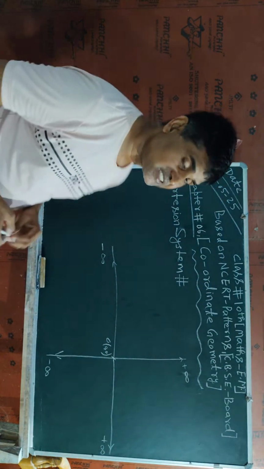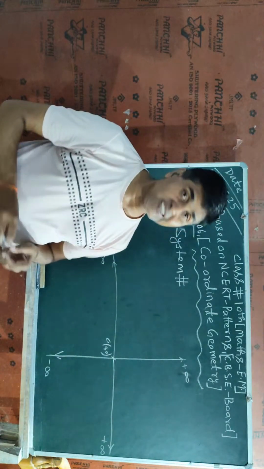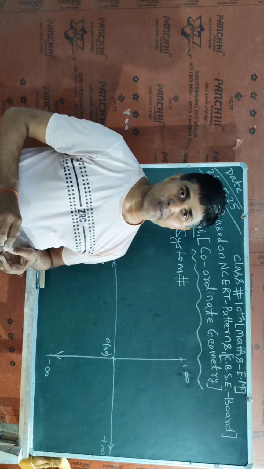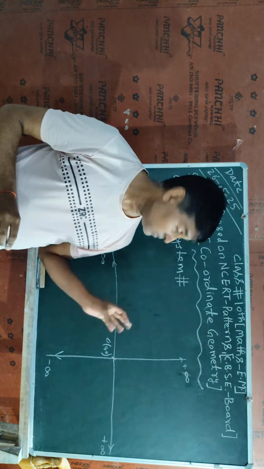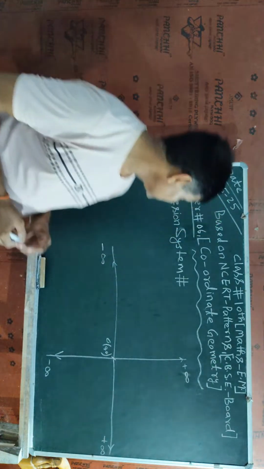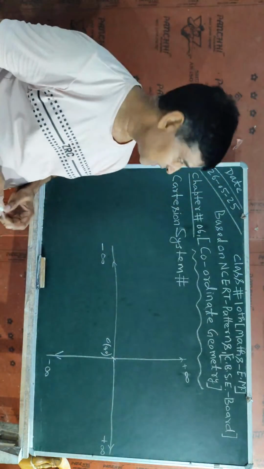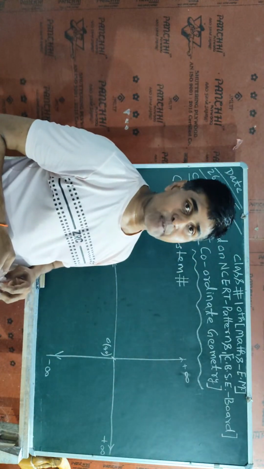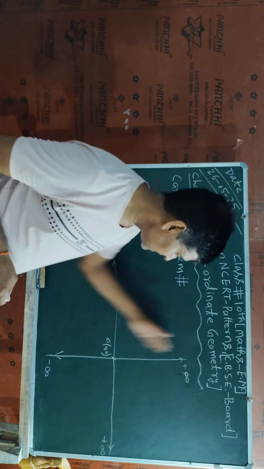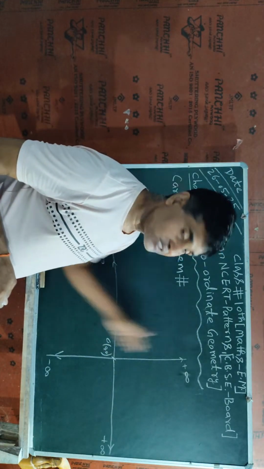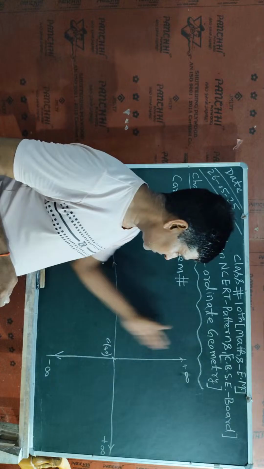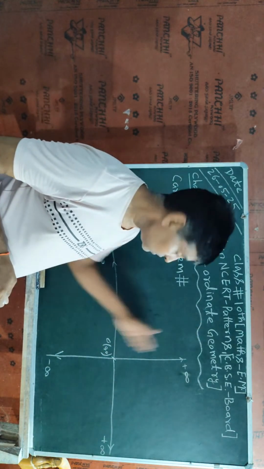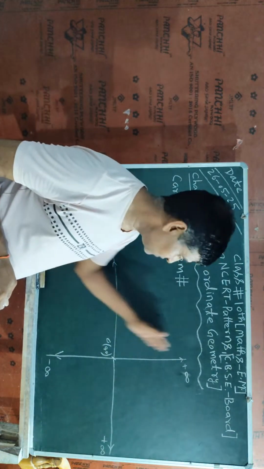So the Cartesian system is a system of points which are available in the xy plane. Suppose I am taking two lines such that both lines are perpendicular to each other. It means I am taking a line that is vertical, and I will say this is the y-axis.